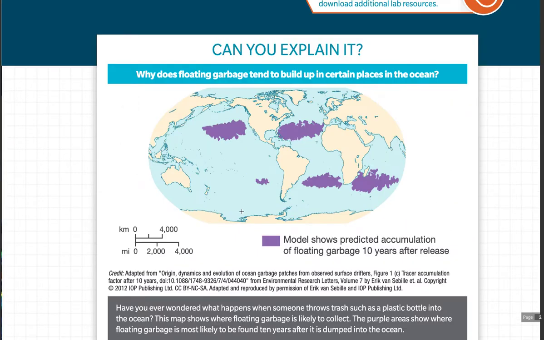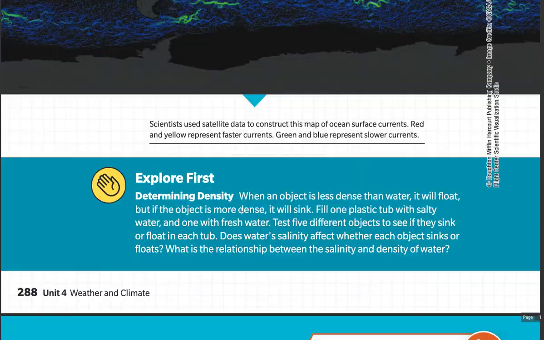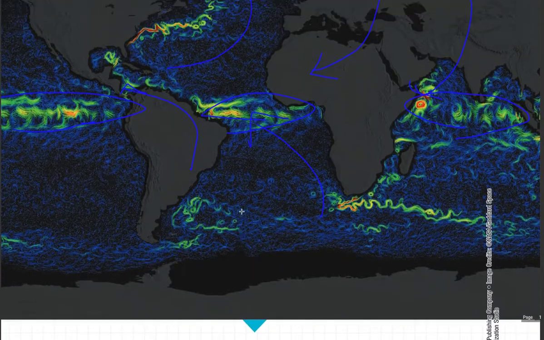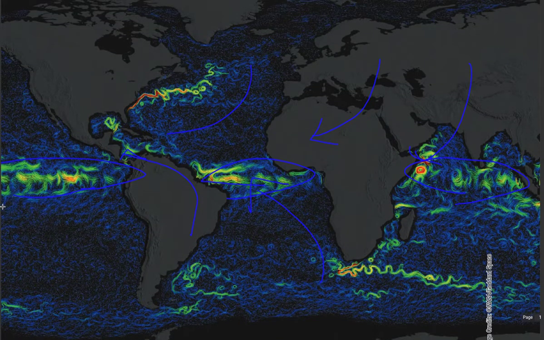But why is that? Well, if you go back up here, you can kind of see a good idea. If you look at this picture, you might notice that there are certain places in the ocean where there's not a lot of color, which means that there's not a lot of movement, right? This area in here is pretty dark.